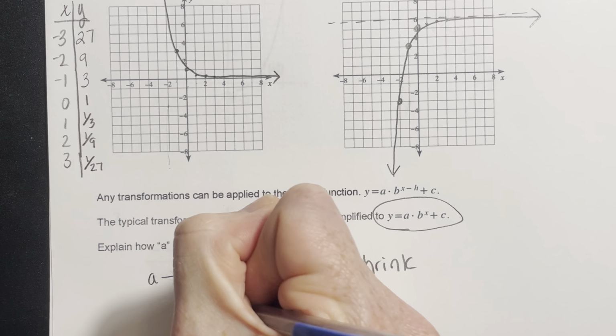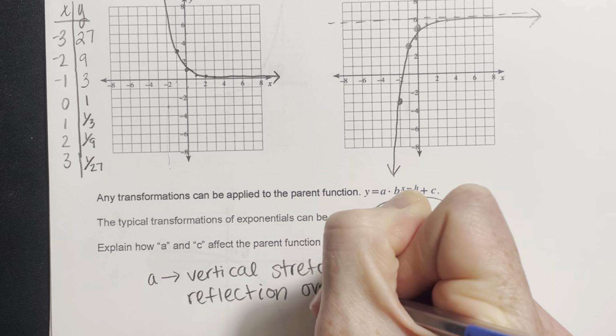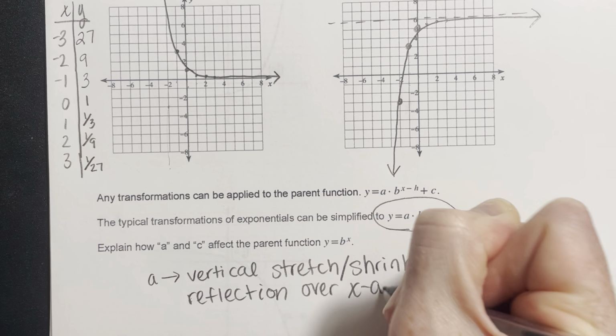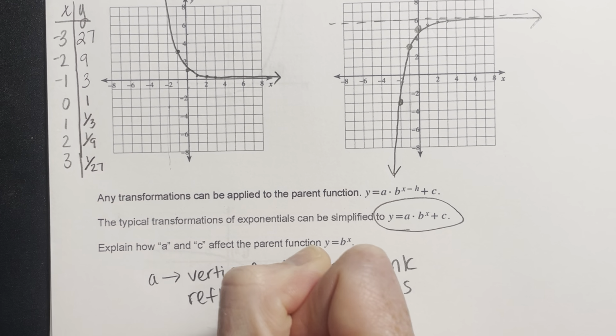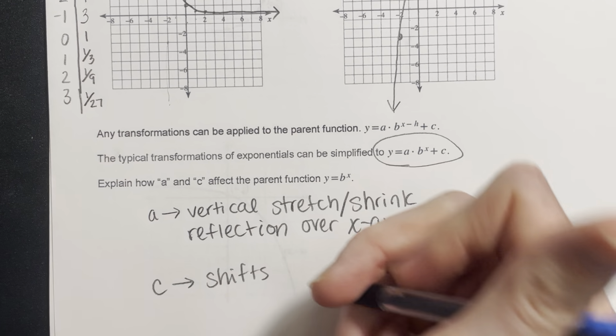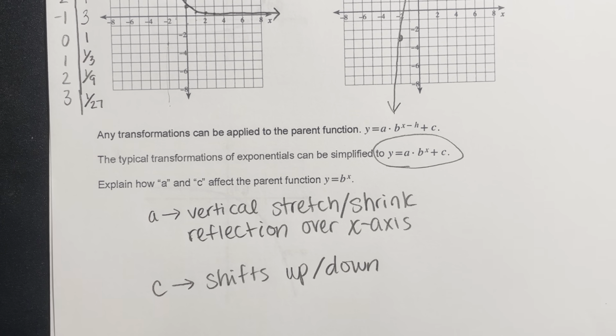It could also be a reflection over the x-axis. C is what shifts it up or down. So we're going to take these ideas and put them into the equation, or creating the equation from a graph.